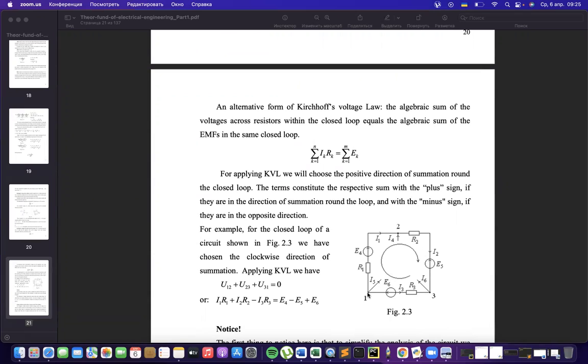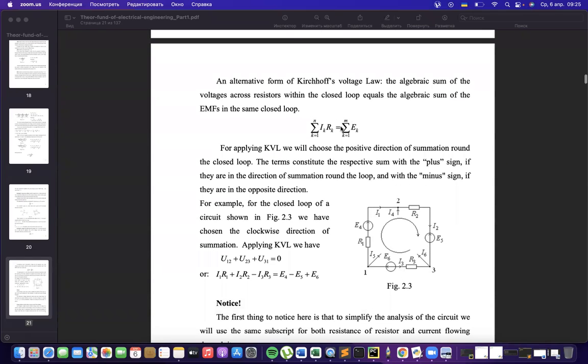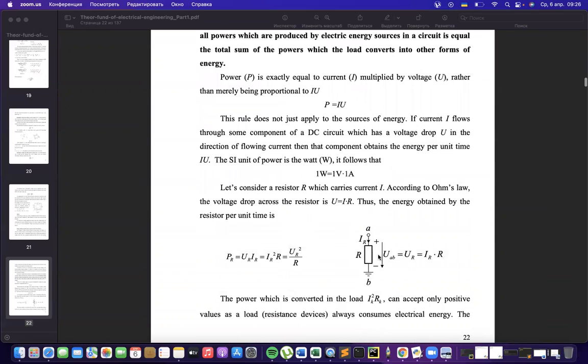If we move from the first point on any path and return to the same point, in any case we will obtain 0 voltage. Or it could be rewritten that the total of sources, depending on the direction, equals the total of consumers inside this single mesh. These were the 3 main laws.